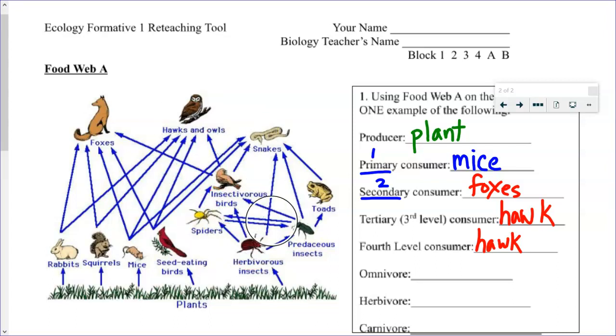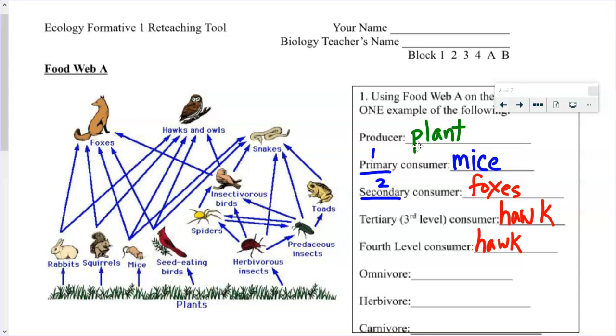All right, an omnivore. An omnivore is something that eats 2 different levels. It means it has to eat a producer and it has to eat a consumer. So we're looking for any example of an omnivore.